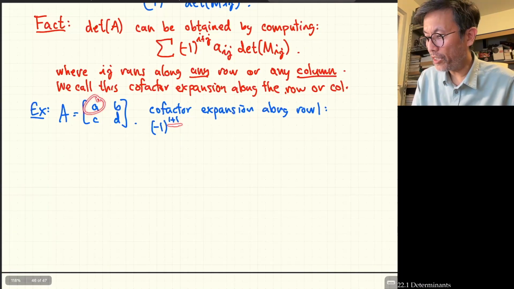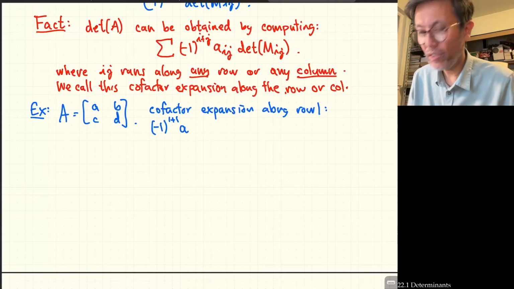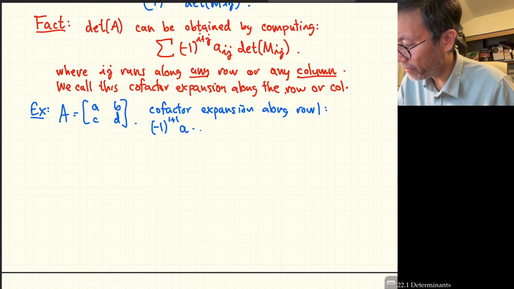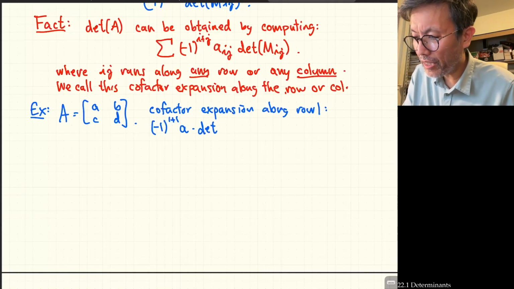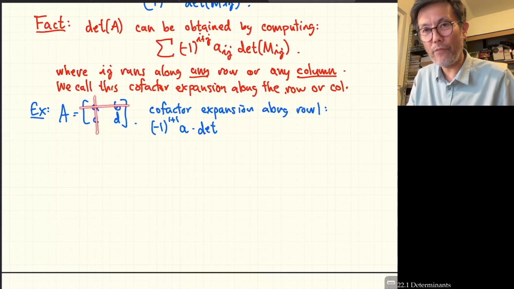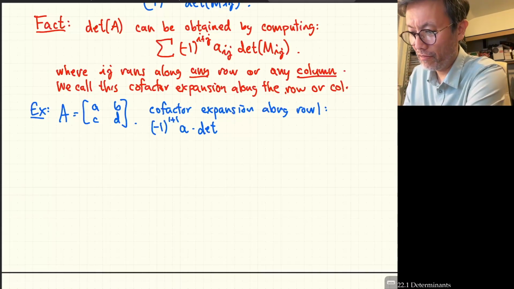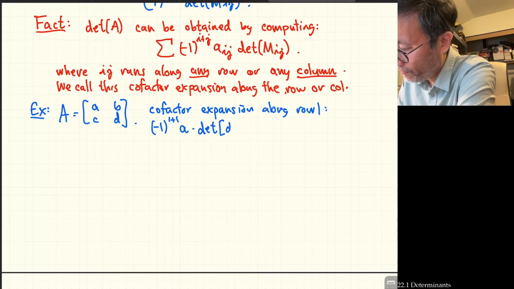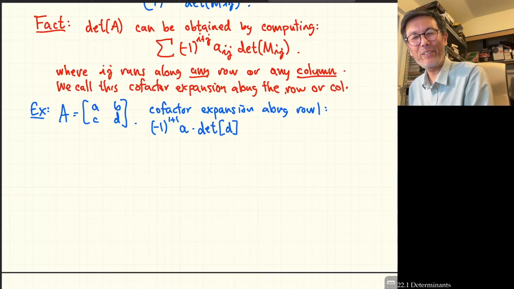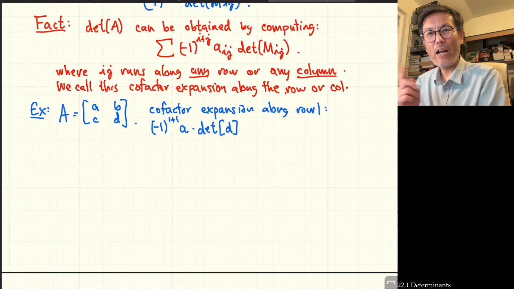Because it's the 1 1 entry, I have i plus j being 1 plus 1. I'm going to take a11, which is a, times the determinant of the matrix that I obtained by deleting the first row and the first column. But that's the 1 by 1 matrix, D. This looks really dumb, but I'm just showing you how this thing works.